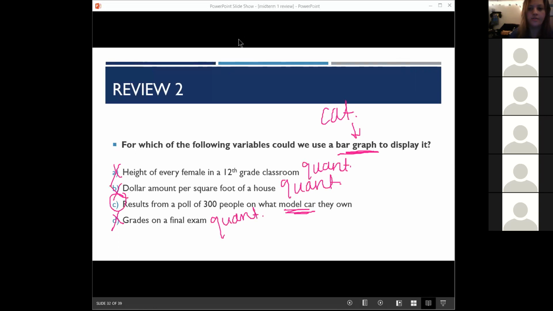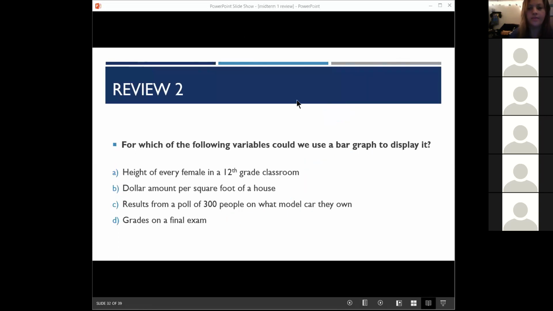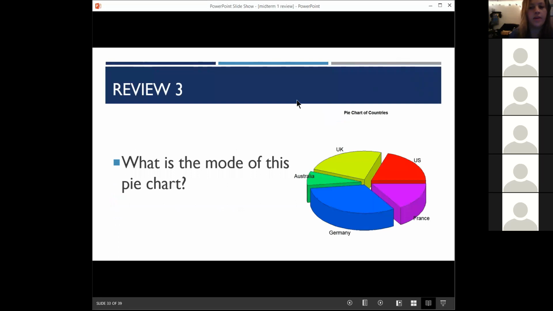Good job, guys. All right. Okay, number 3, what is the mode of this pie chart here? Let me know what you think about this one.